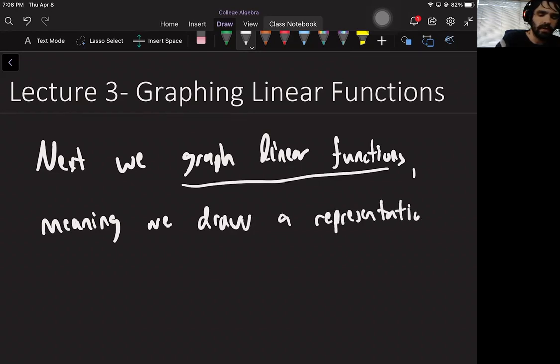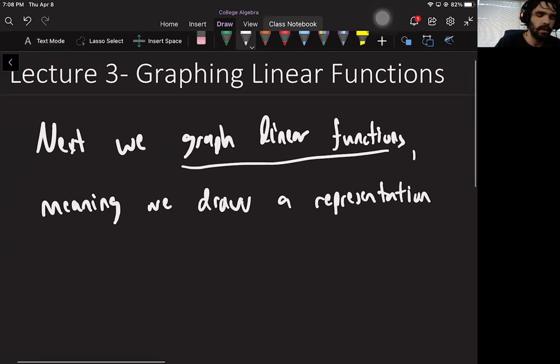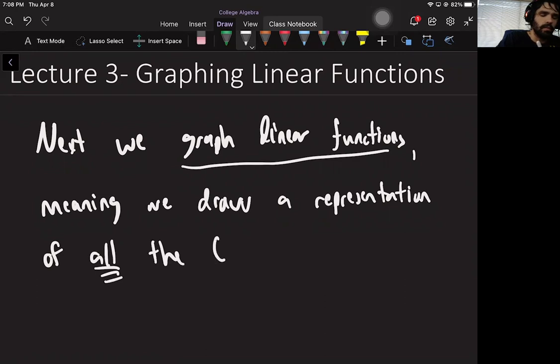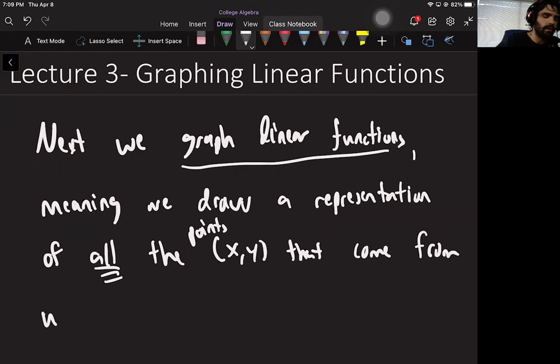The graph and the function are connected, and people forget that sometimes, but it's really that we're drawing a representation of all the points that come from using the function.